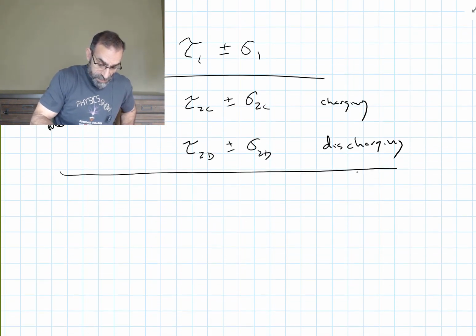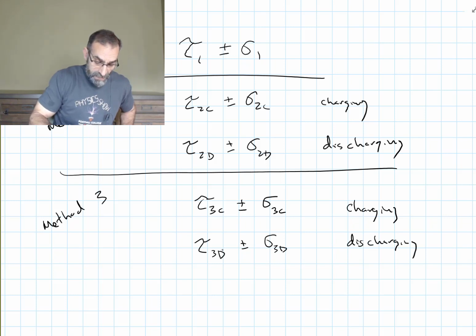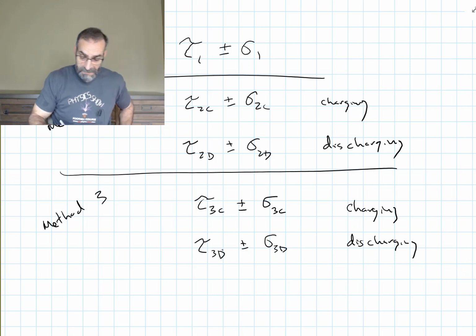And then with method 3, you've got a tau 3 for charging and a sigma 3 charging, and a tau 3 discharging, sigma 3 discharging. Okay, so those are the 5 things.